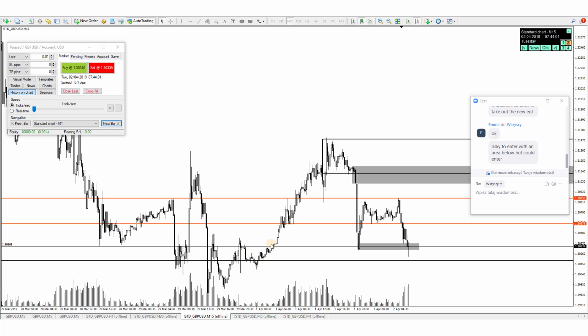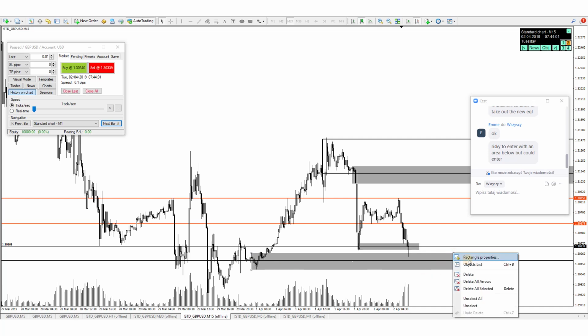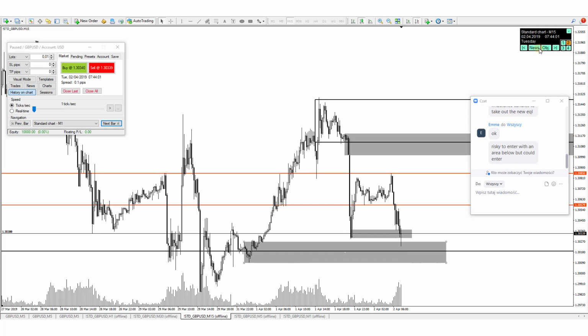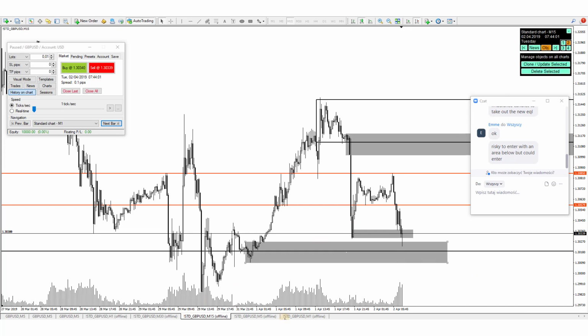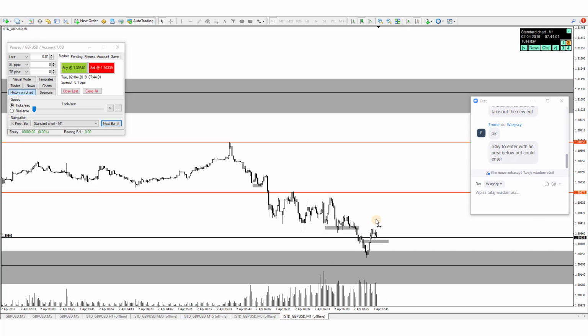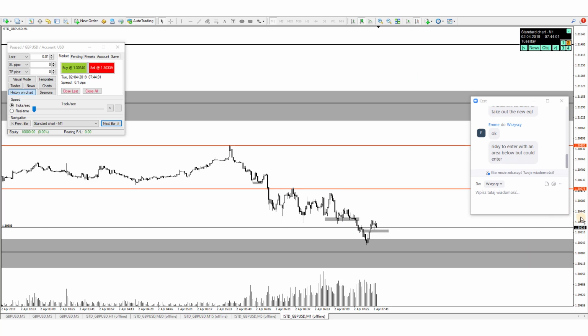Here could be like a sell for a buy, but it's just not as wonderful as I wanted to see. Looks a bit better.